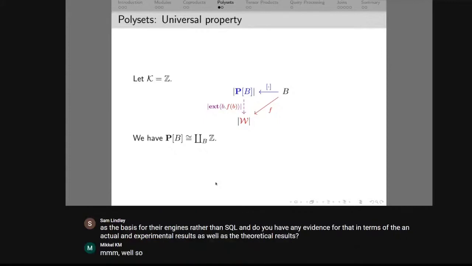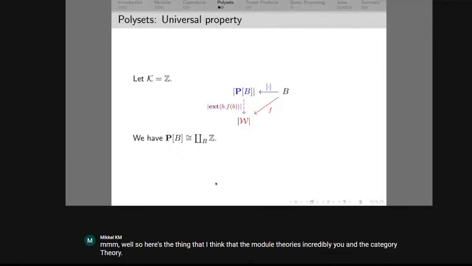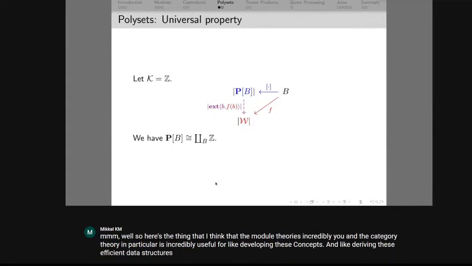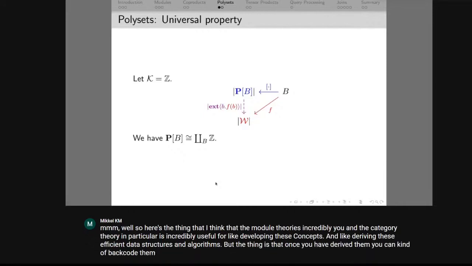So here's the thing. I think that the module theory, and the category theory in particular, is incredibly useful for developing these concepts and deriving these efficient data structures and algorithms. But once you have derived them, you can backport them to the old systems, right?